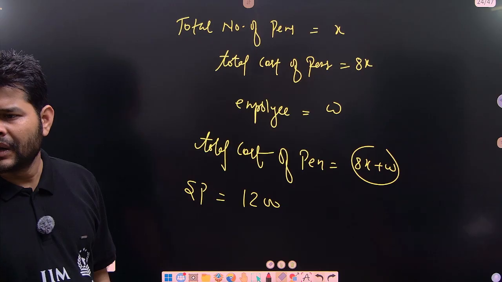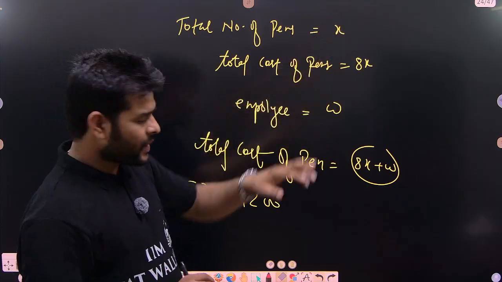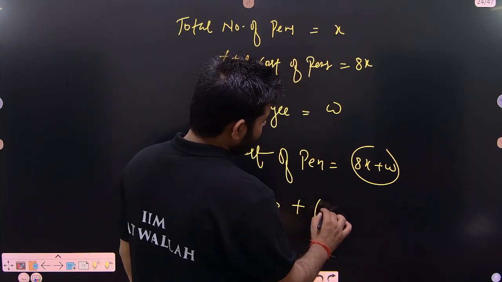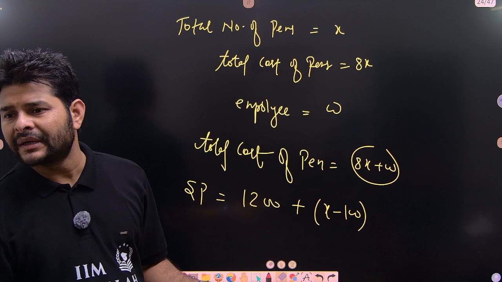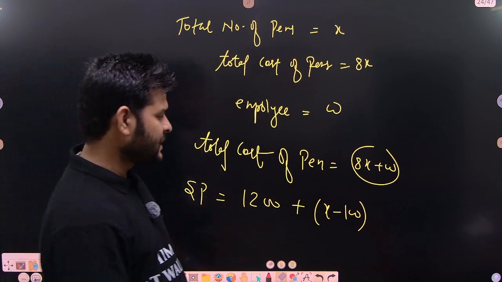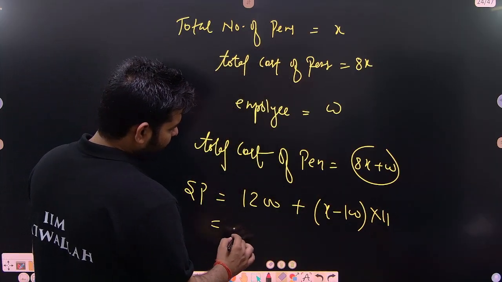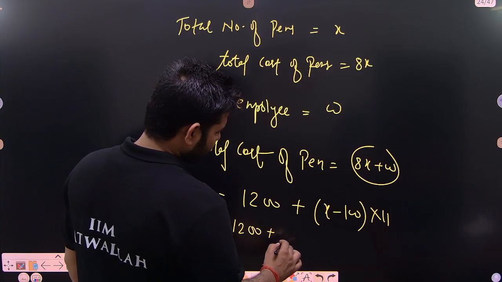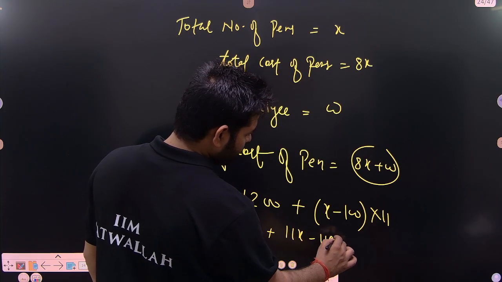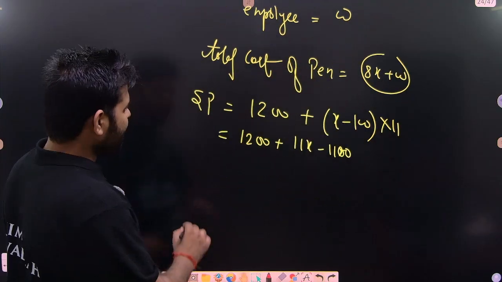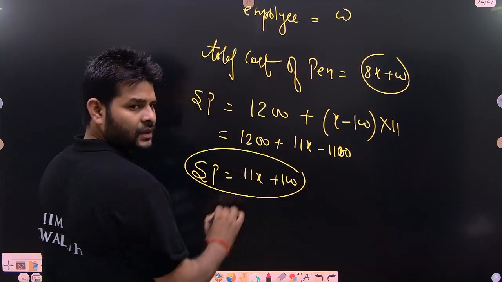We have considered total pens x, so the remaining pens would be x minus 100, and the remaining pens are sold at 11 each. So the total selling price would be 1200 plus 11x minus 1100. Total SP would be 11x plus 100.